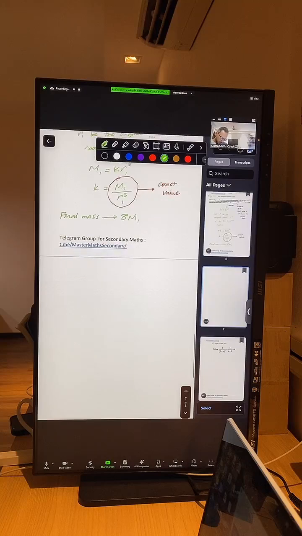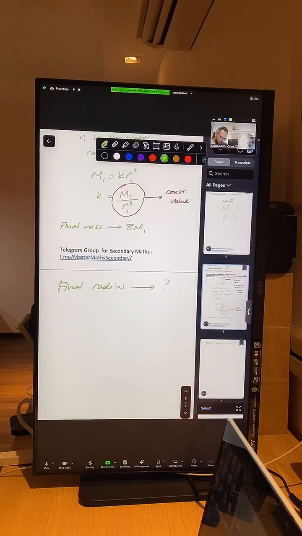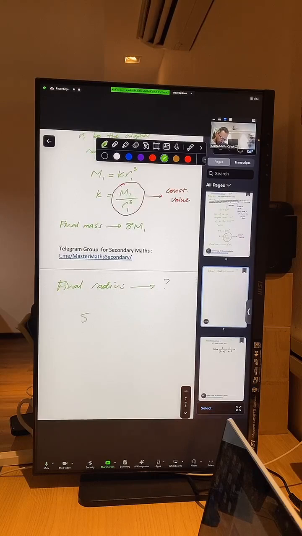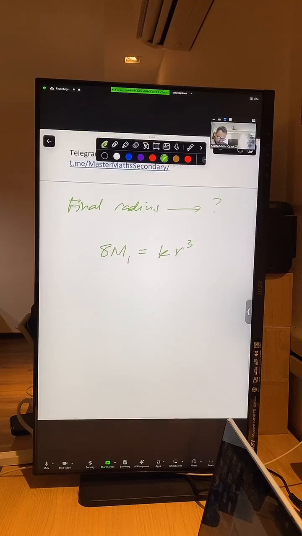Okay, so what is your final radius going to be? Let's work this out. So now we put 8M1 equals K R cube, and we're going to try to find R cube.